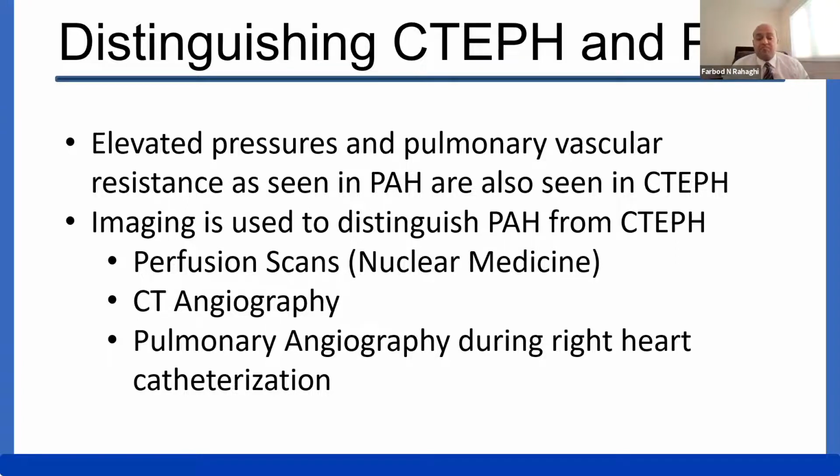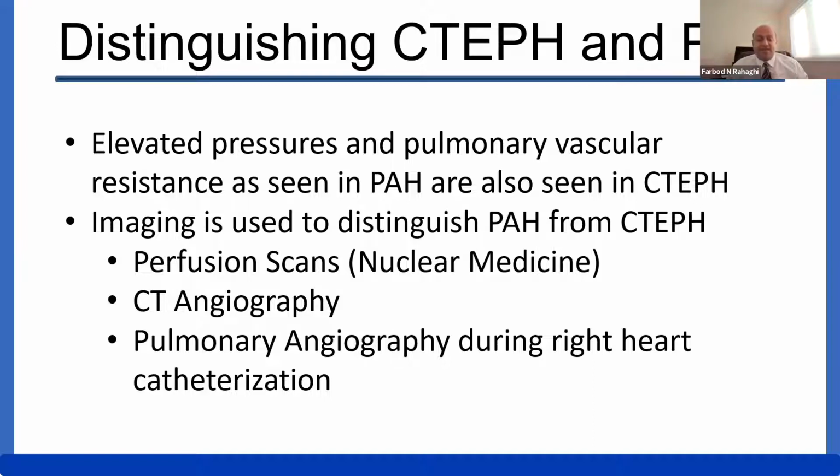One are perfusion scans, which generally are performed in nuclear medicine, where there is a tracer that emits radioactivity and is used to look at the perfusion in the lung, basically how much blood is flowing into the lobes of the lung. There's CT angiography that most people are very familiar with, where you get a CT scan, but contrast is given.